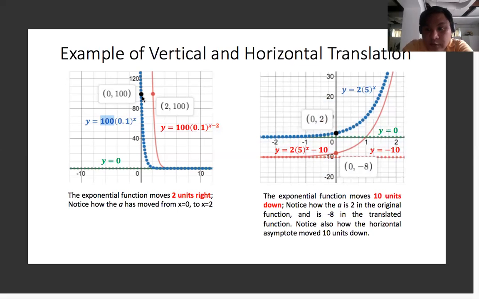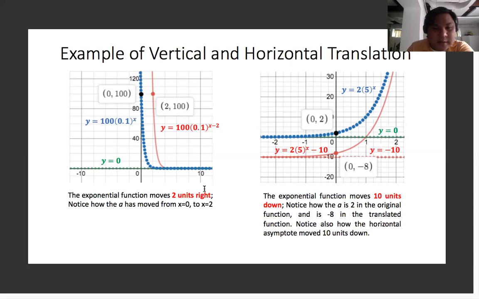If this one moves 2 units to the right, then you should find the a value here still 100, because it moved neither up nor down, but rather just to the right. So it is the x value here which actually changed to positive 2, emphasizing the 2 units to the right horizontal translation.